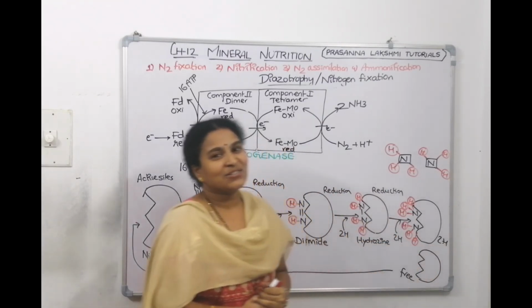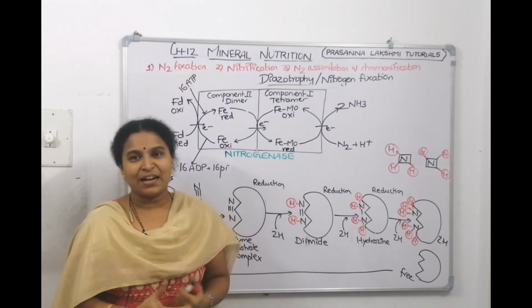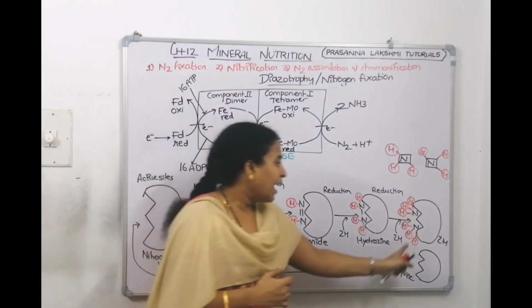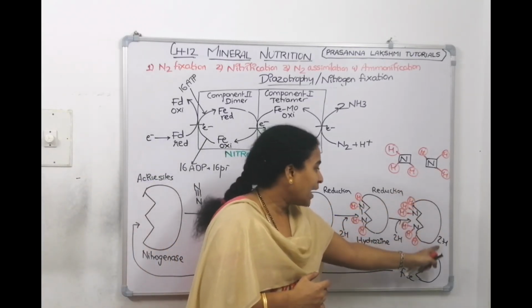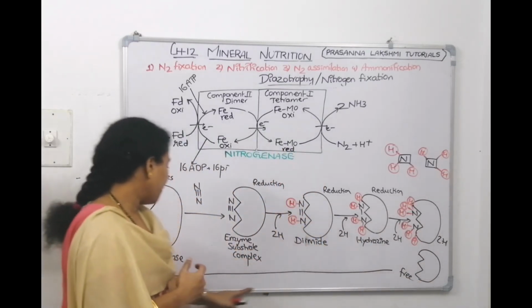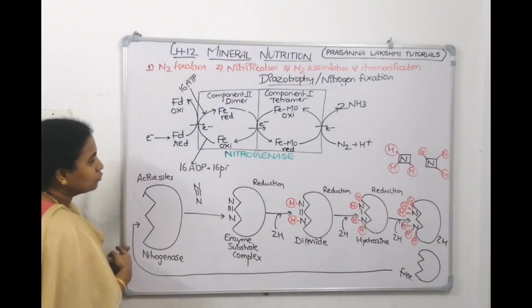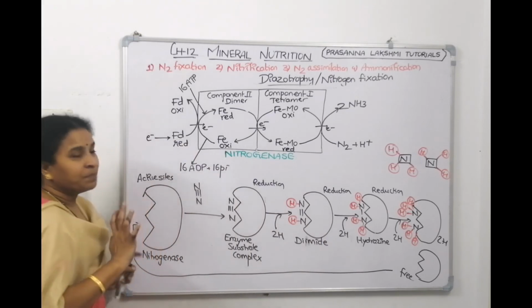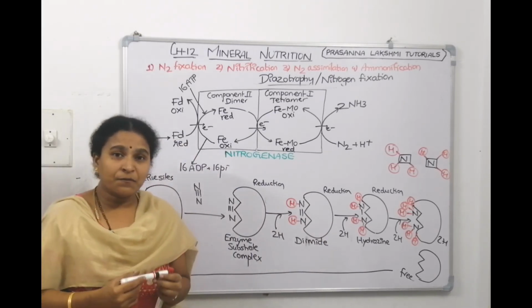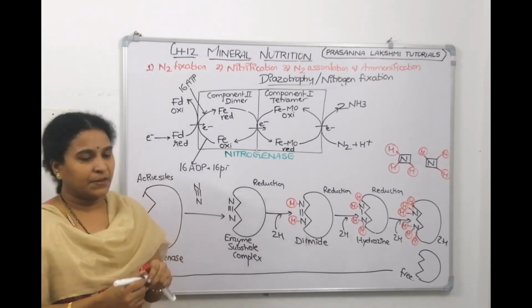They came, but nitrogen is telling no, my valence is fulfilled, I can't do anything, they will go out. And 2 ammonia molecules are released and the free enzyme is released. The enzyme is coming back and it's ready to do the next step, children. Understood? So this is nitrogen fixation.